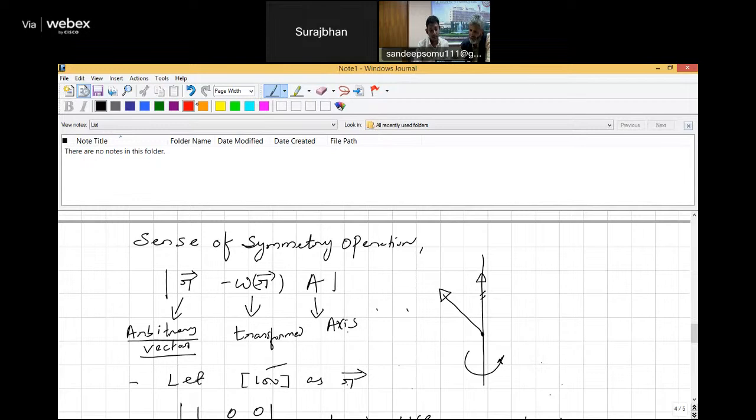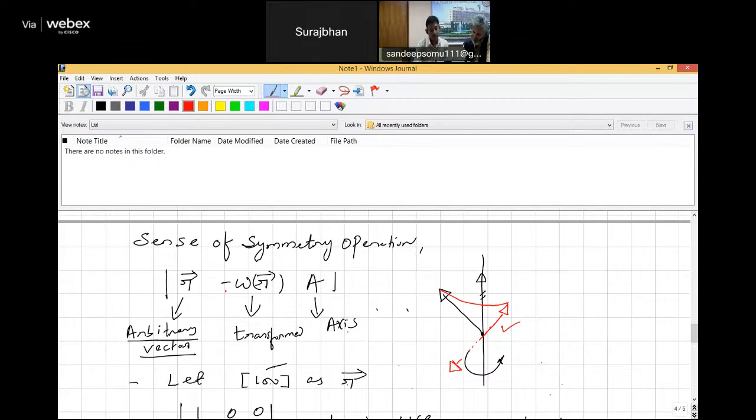If this vector gets rotated, let us say here, then since it's a roto-inversion, it will finally come this way. But we want to decide the sense of the rotation, so we don't want to look at the inverted vector, only the rotated vector. So we want to look at this vector.